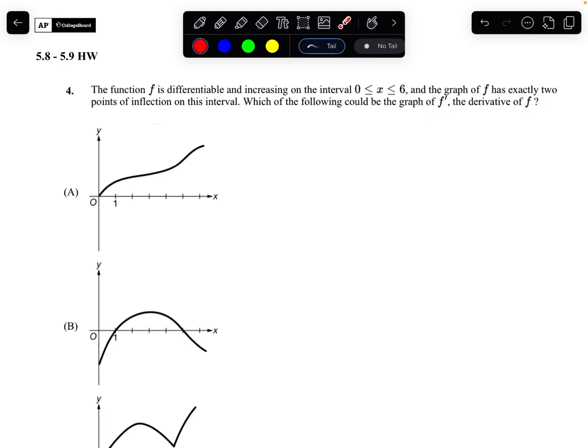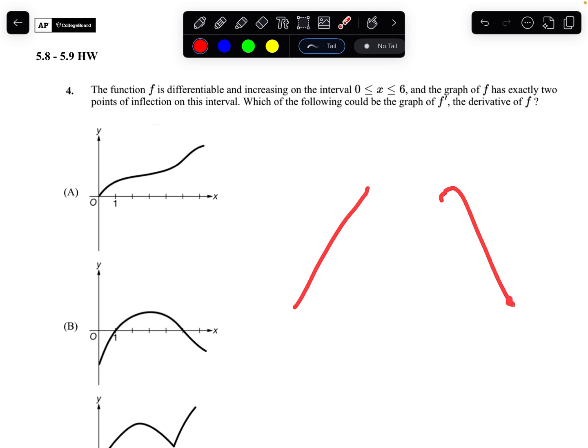So remember that if f prime is increasing, that means f is concave up. If f prime is decreasing, that means f is concave down. So if f prime is increasing, f is concave up. If f prime is decreasing, then f is concave down.